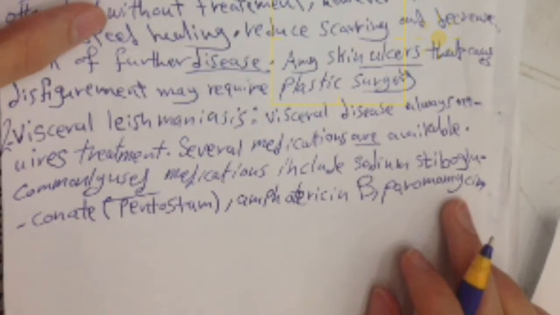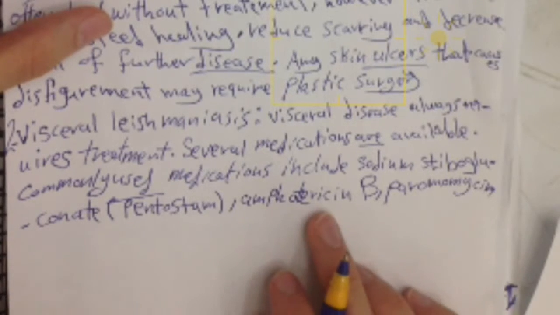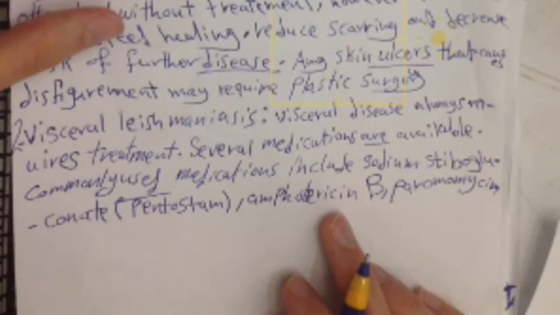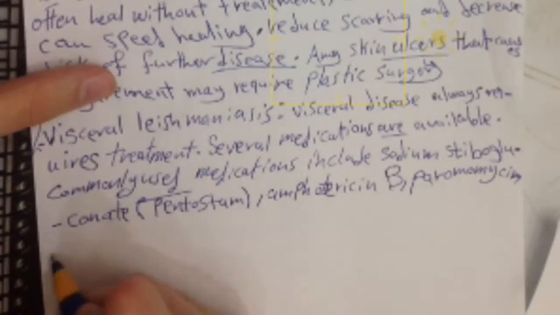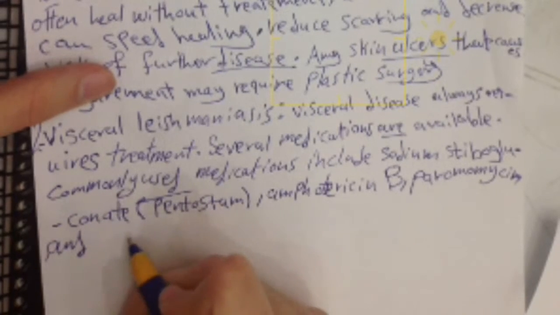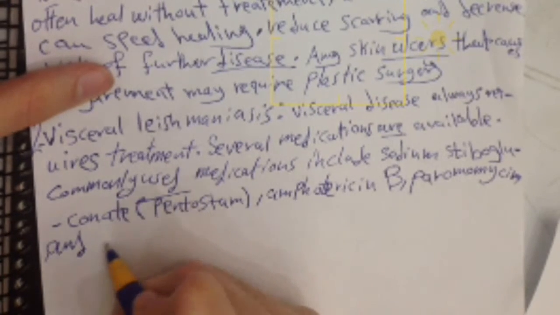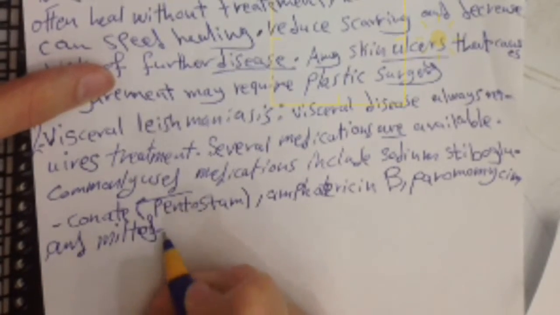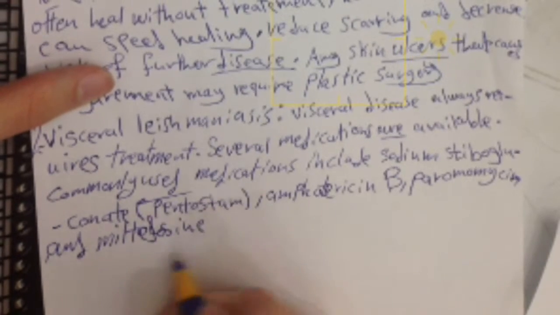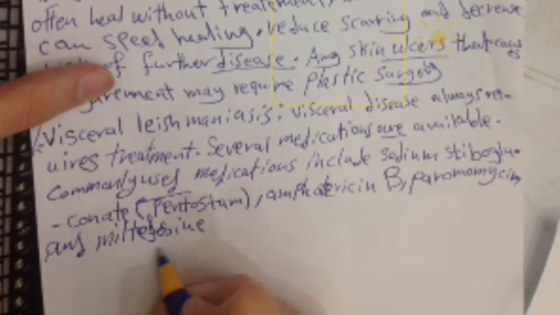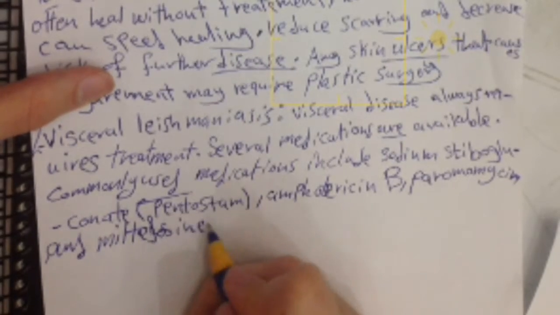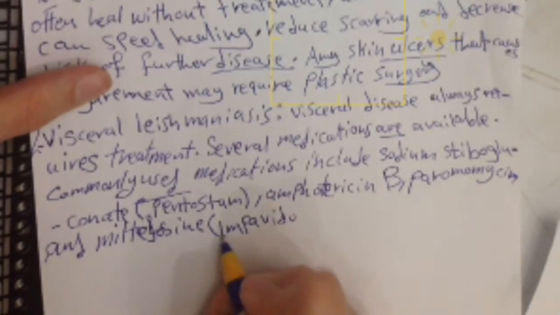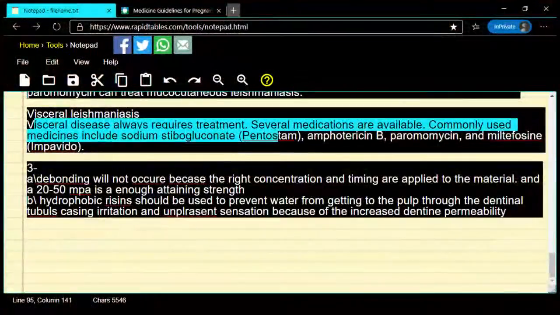Next is another one called miltefosine, also called Impavido, as we can see here.